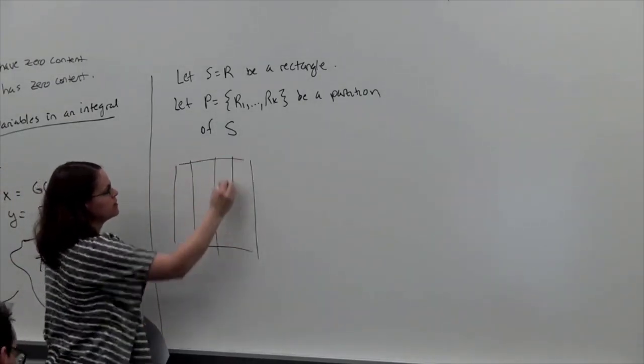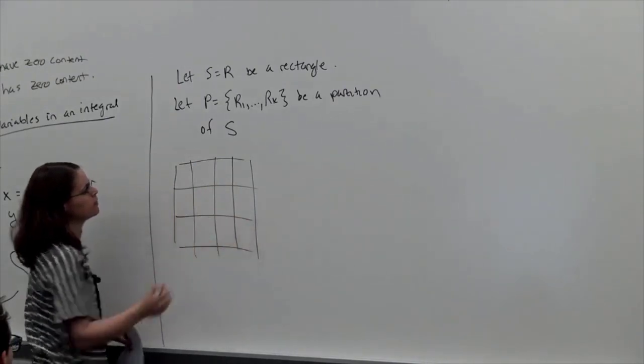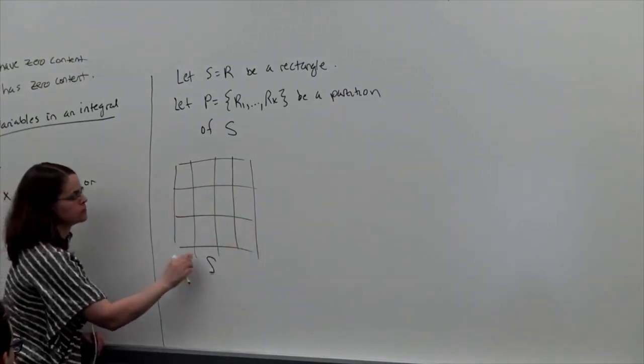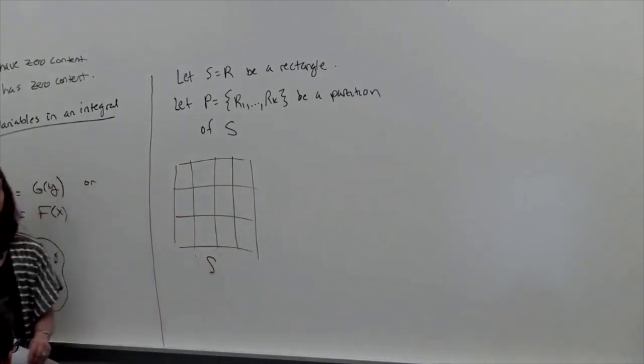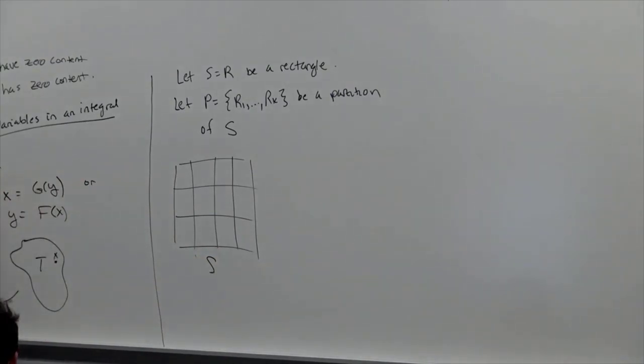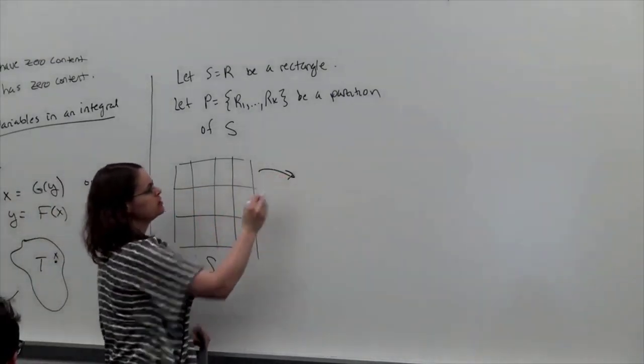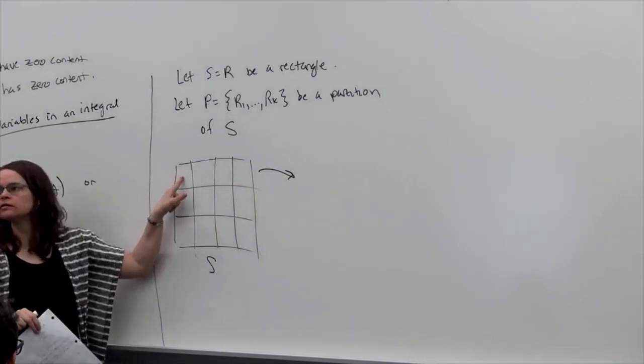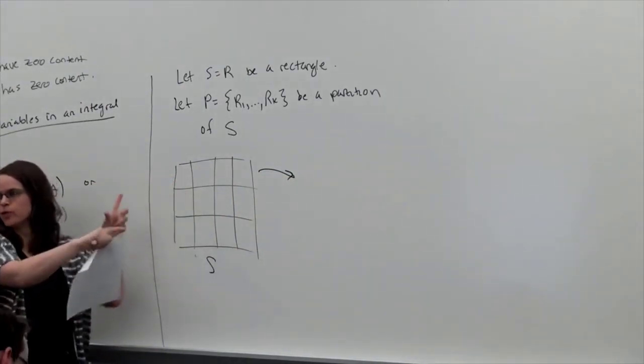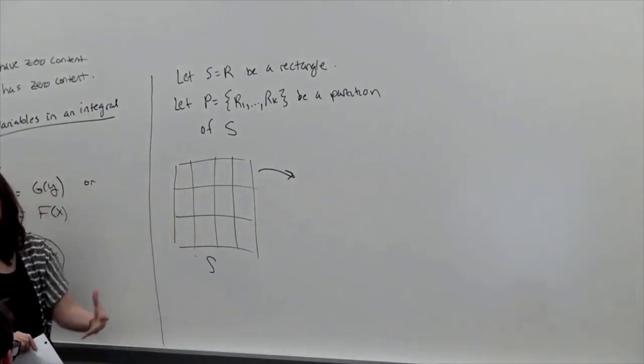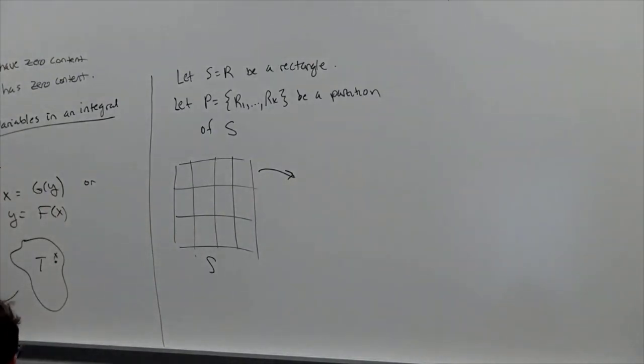Okay, and when we look at how this thing transforms into my other set, each of these little subrectangles is also going to morph into something, and together they'll fill up the volume of T, and they're not going to overlap with each other because we have a nice invertible transformation that we're working with here.